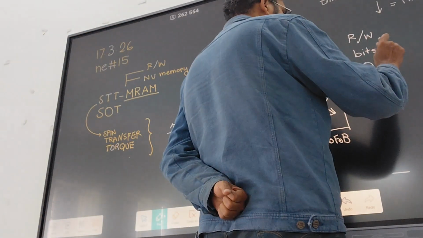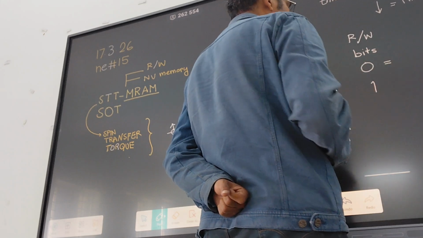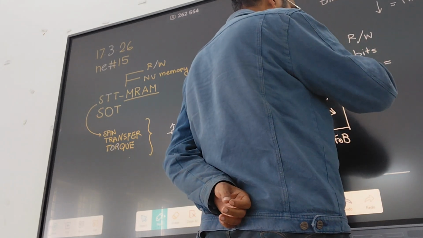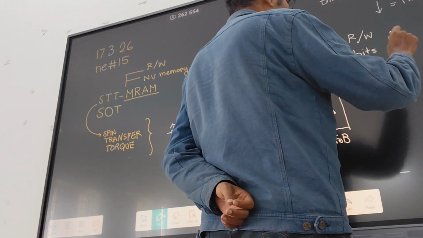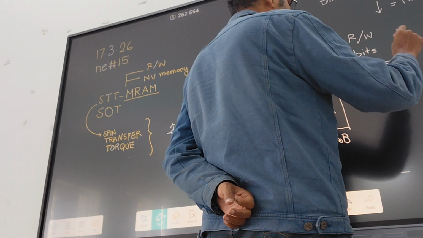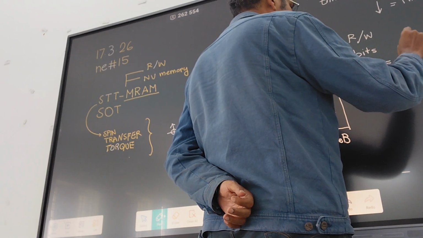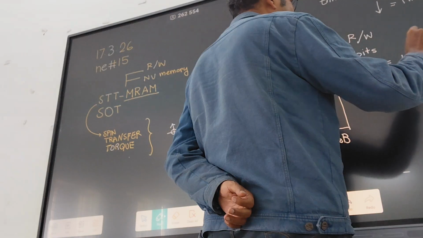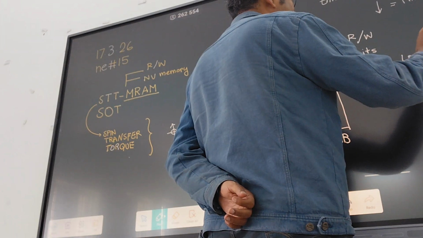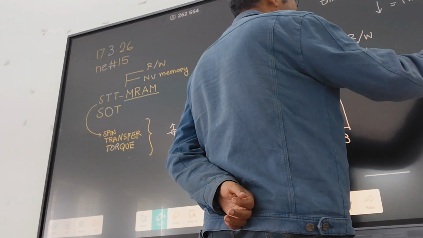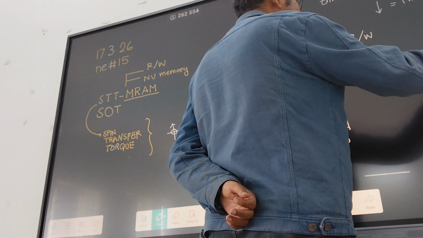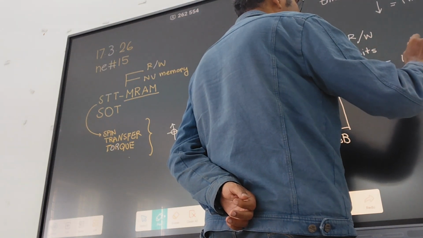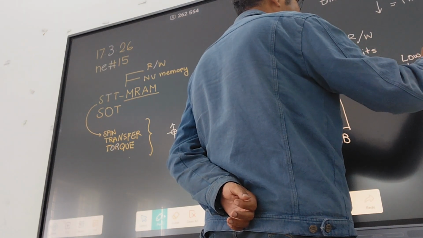When I say 0, it usually means there is low resistance to the spin current.